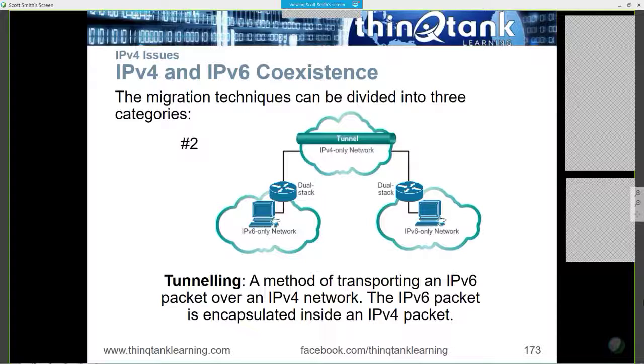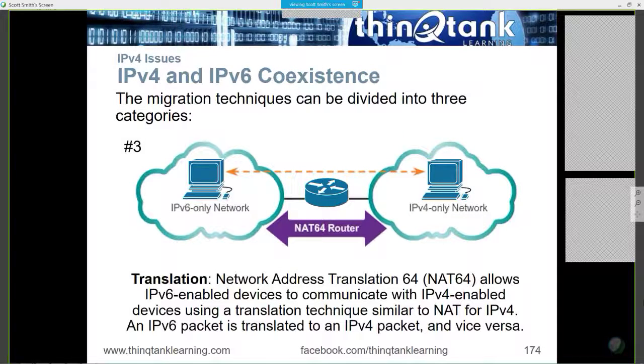There's Teredo tunneling, ISATAP tunneling. Those are host-based tunneling mechanisms. You can also do NAT protocol translation. You can convert from v4 to v6 using a NAT 6.4 router. So lots of different techniques for moving from IPv4 to IPv6.